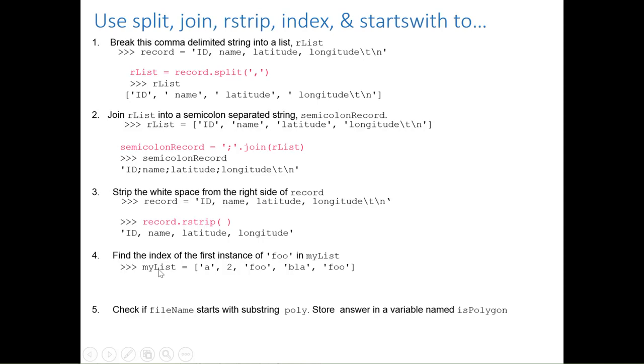So mylist.index, and then you want to tell it which element, which item in the list, I'm interested in getting the first index of. And that is passed in as an argument. So mylist.index foo, and what's the answer going to be? If anybody said 3, boo. Instead, you want to say 2 because you remember you're zero-based indexing, 0, 1, 2 position.